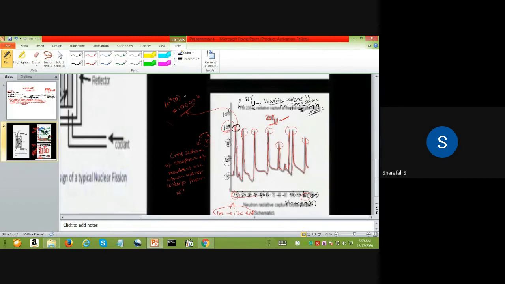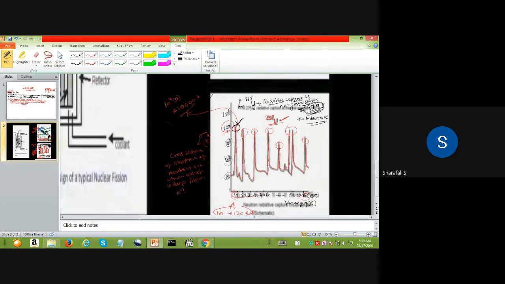You can see that for uranium-238 it is around 10,000 barns here, but it is only 97 barns for uranium-235. Then from 97 it decreases.